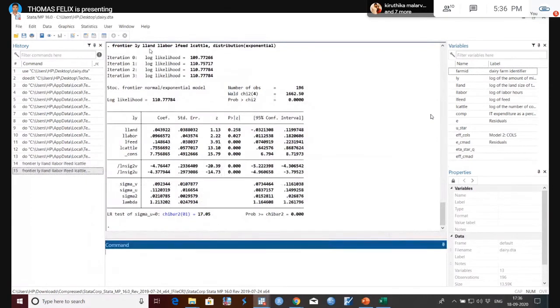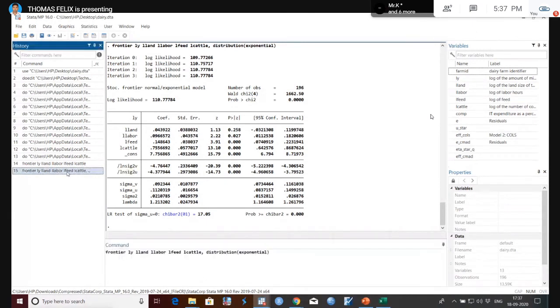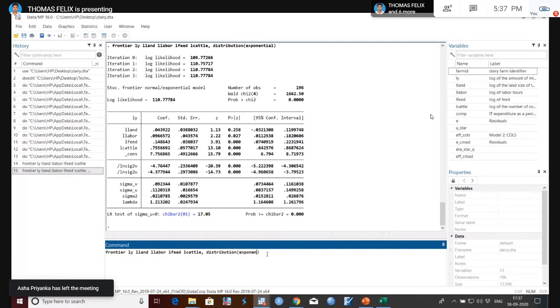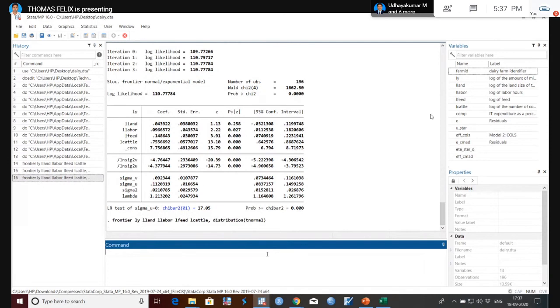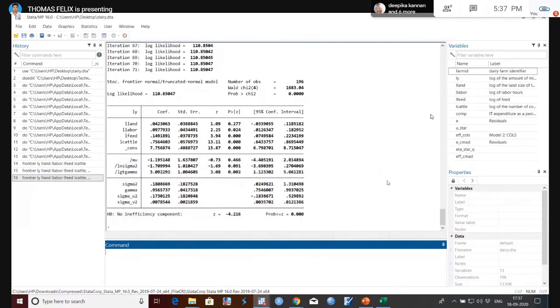If my intention is to calculate the exponential distribution function, I have to give comma distribution open bracket exponential. If my intention is to calculate the truncated normal, instead of exponential I would type tnormal. By typing tnormal, I can get the truncated normal distribution. Okay, we have run the frontier function.